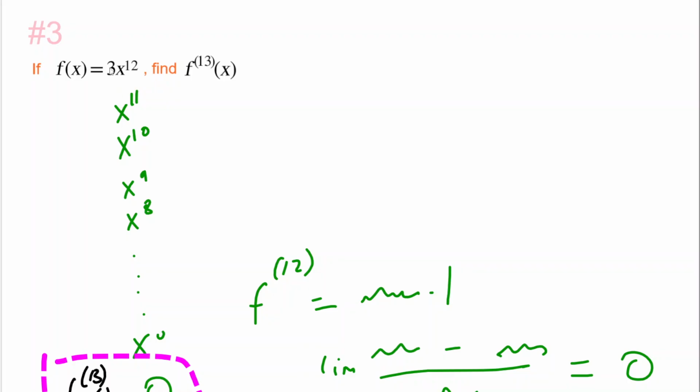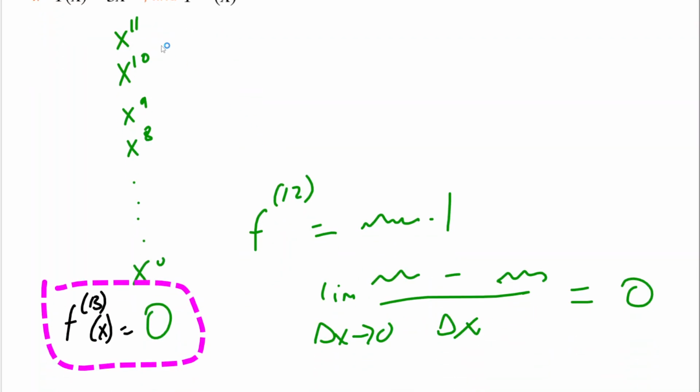There will be some constant here. I'm just saying number times 1 because this is leading to a shortcut rule. It'll be something times x to the 11th, something times x to the 10th, something times x to the 9th, something times x to the 8th, and then something times x to the 0, which is that something times 2 times 1.